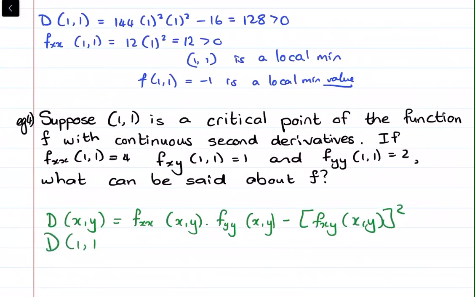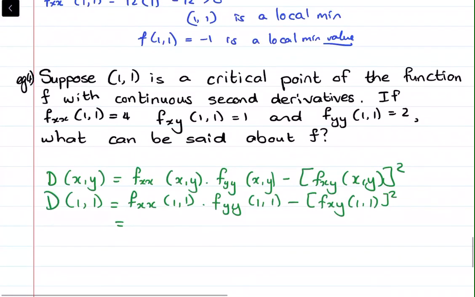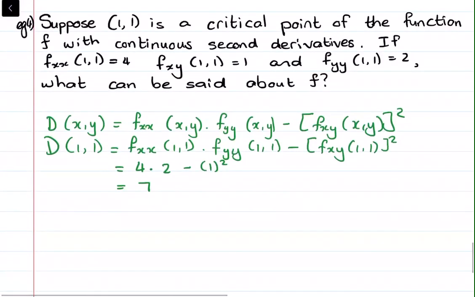And then you find D(1, 1). D(1, 1) means that you have fxx at 1, 1 times fyy at 1, 1 minus fxy at 1, 1, all of it squared. Okay, so then this is equal to, now you use the formula, look at what's given. This is 4 multiplied by 2 minus 1 squared. So that's 8 minus 1, which is 7. Right. That's what we have.